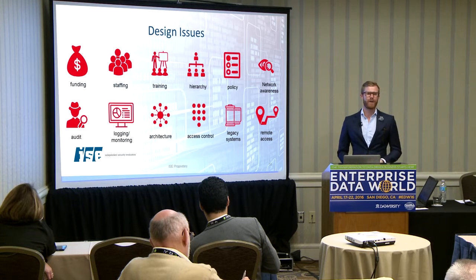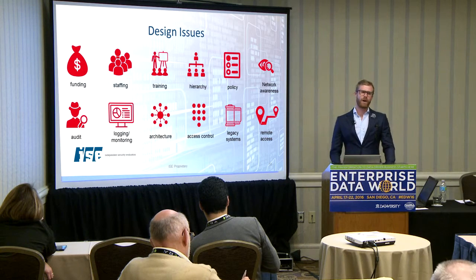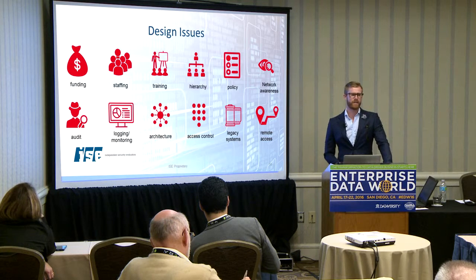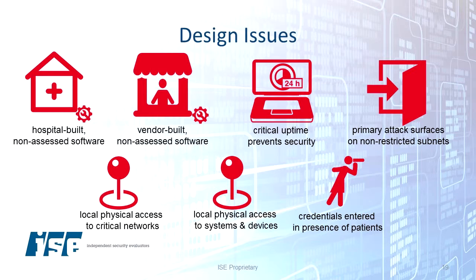Just talked about how there was improper network segmentation, lack of audit, lack of monitoring, inappropriate corporate hierarchy. One of the other really interesting things was that we found a wide instance of software that had been custom built by the hospital itself or by third-party vendors that had never gone through any sort of security assessment.